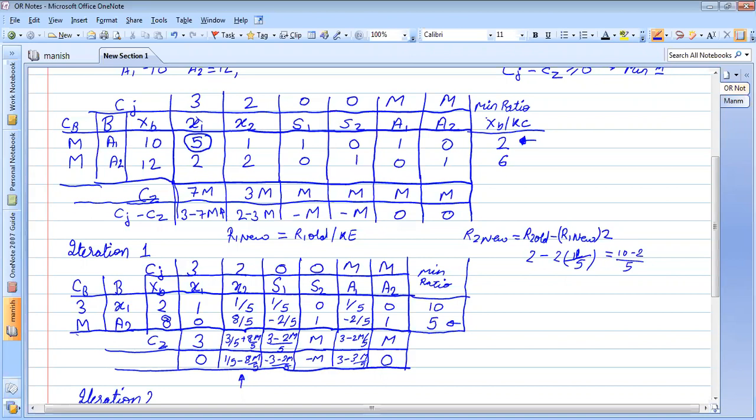For basic variable x1 the coefficient is 3, and for basic variable a2 the coefficient is M. Then we divide the complete row by the key element.